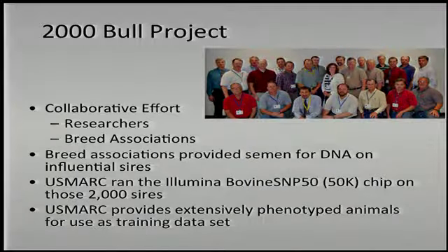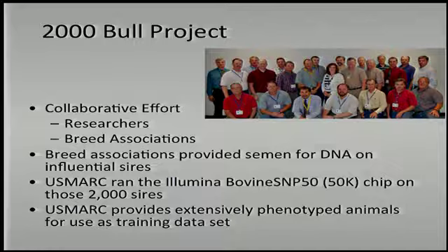The 2000 Bull Project was a collaborative effort between researchers here at the U.S. Meat Animal Research Center, involved with the National Beef Cattle Evaluation Consortium, and the breed associations. Basically, the breed associations provided semen for DNA for influential sires within their breed. And here at the center, we ran the Illumina bovine SNP 50, commonly known as the 50K chip, on those 2,000 sires.